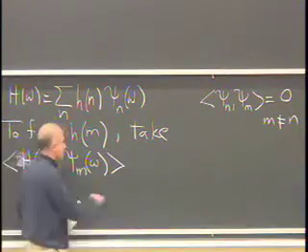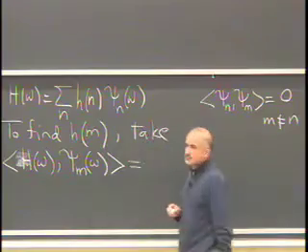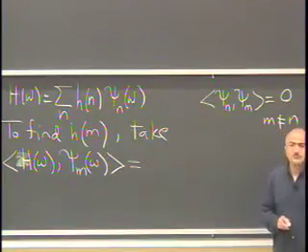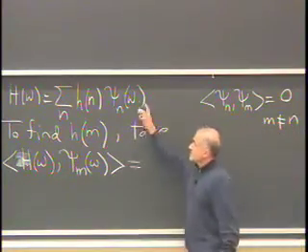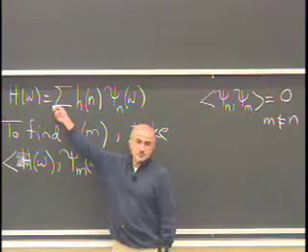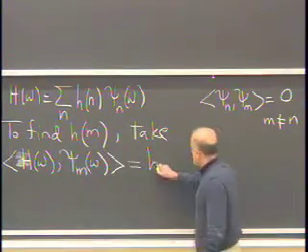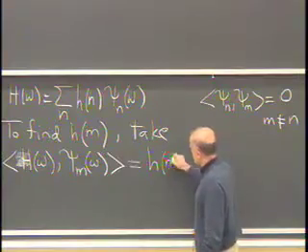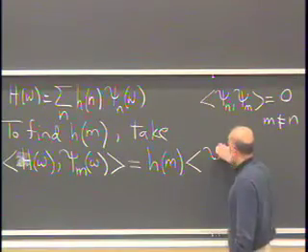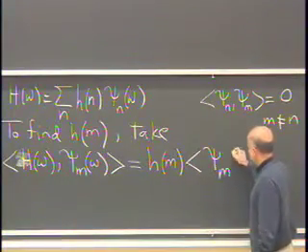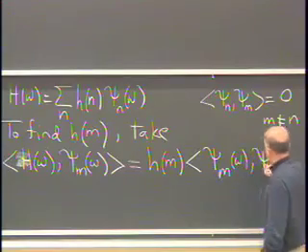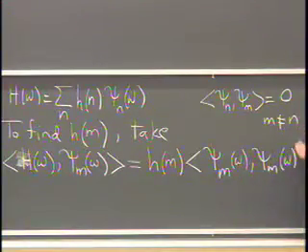On the right-hand side, what do you get? How many terms are non-zero on the right-hand side? Which one? H of which index? M. So I'll have an h of m, inner product of c_m with c_m. Okay? It's exact.